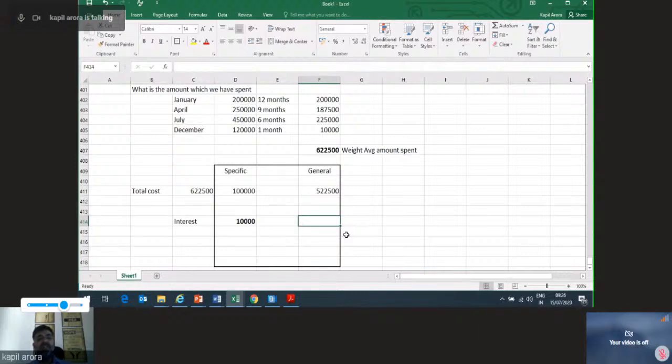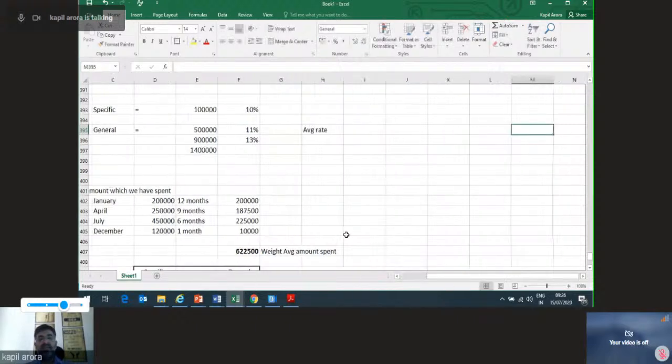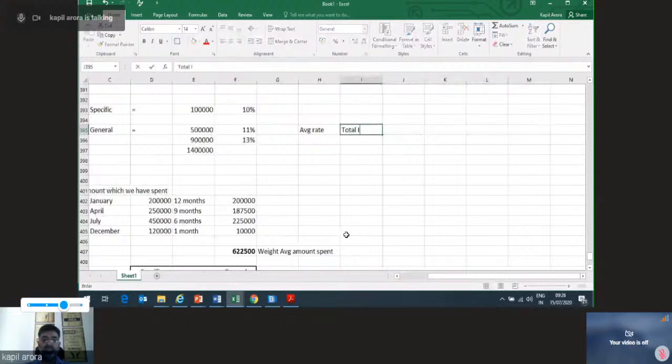But what about generic? How much interest rate are we going to use? Do we have the interest rate? The answer is no, because two interest rates are given, 11% and 13%. If two interest rates are given, what to do? I find out the average rate. An average rate we find out using total interest upon total borrowings. So let's first look at the interest on 5 lakh into 11%.